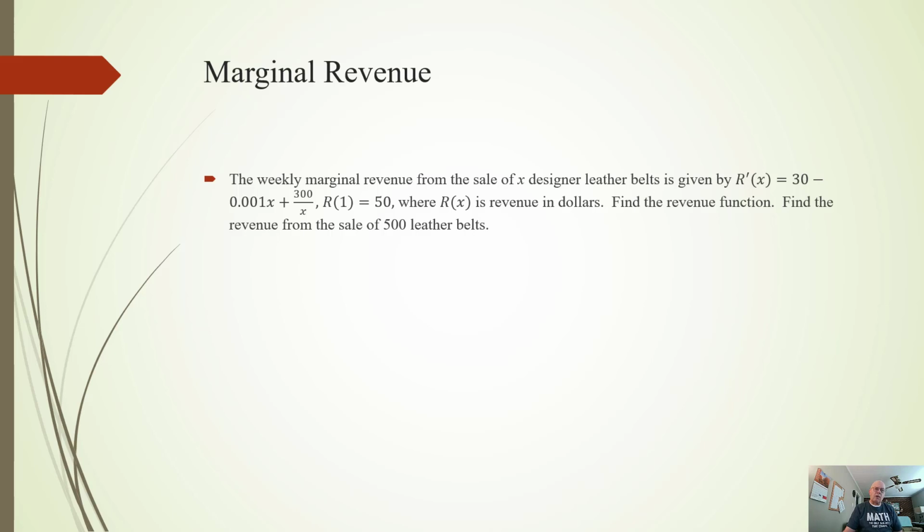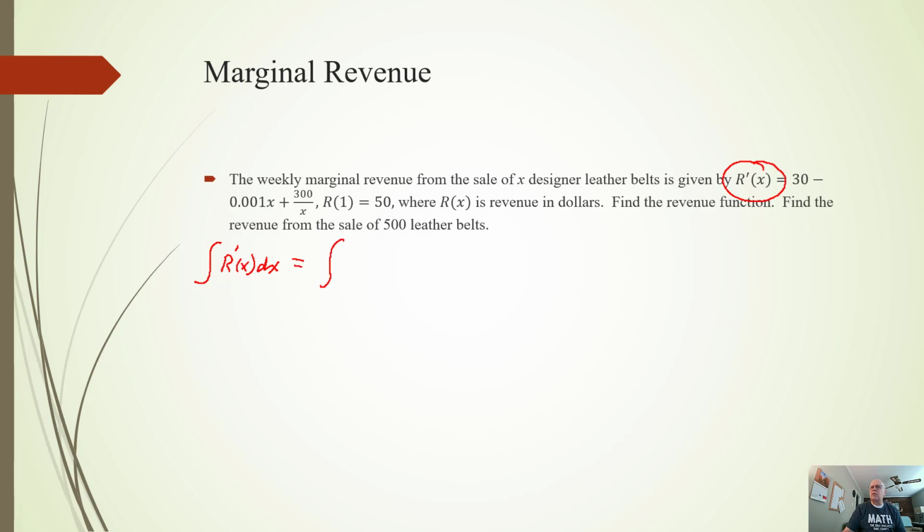So we've got the weekly marginal revenue. So this is the differentiated version. So we want the actual revenue function itself. So we're going to take the integral of the marginal revenue dx.